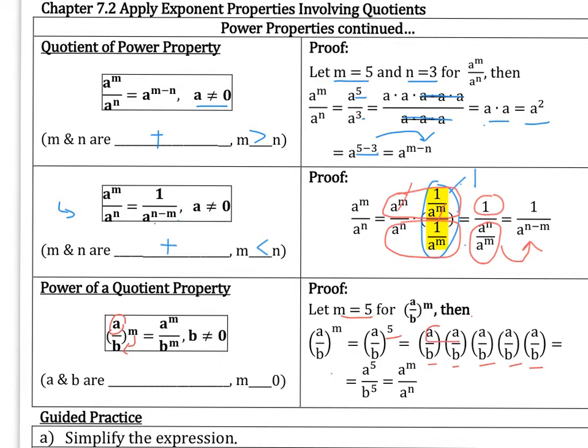And I can multiply all the numerators, so that will be a to the 5th power, and I can do the same thing for the denominator, and that would be b to the 5th power. So this would equal a to the m power over b to the m power. And here a and b are real numbers with m greater than 0, meaning it's a positive integer.